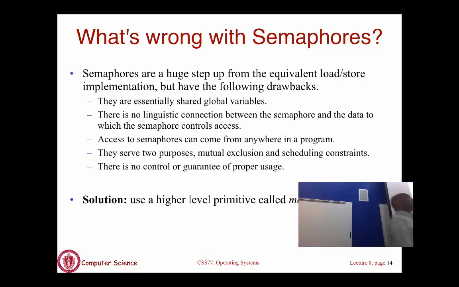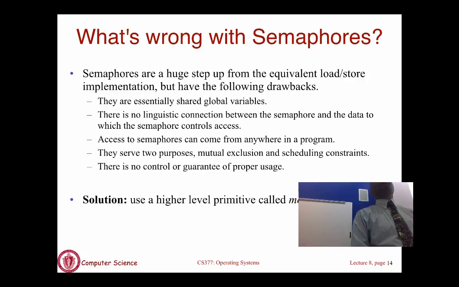And last but not least, the same construct is being used for three different things. It would have been better if you had three different constructs, each of which did one thing, instead of overloading the use of semaphores. So we are using it to do mutual exclusion, either as a binary semaphore or counting semaphore, and using it to enforce scheduling constraints. That complicates your code.